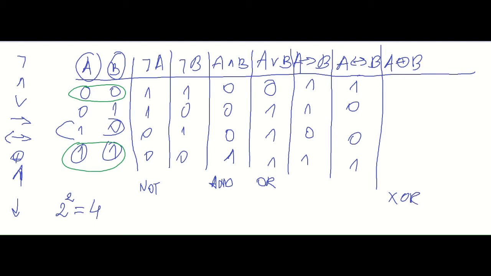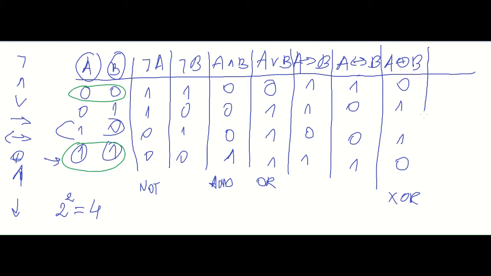So that's why the law of exclusive OR takes out the line with both ones. This line will be false in this case, and the result is true only when the values of the operands differ.